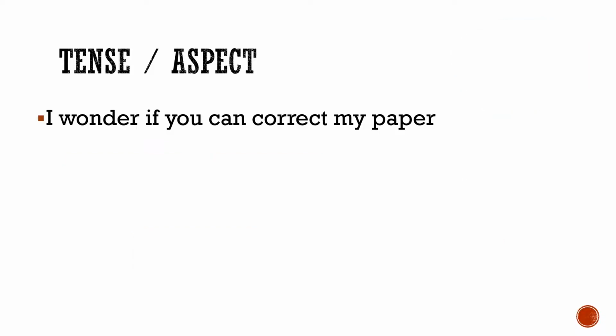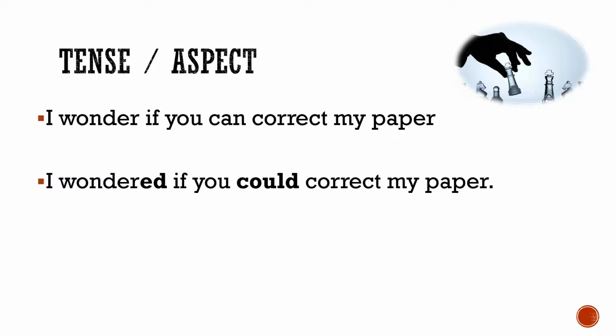Another way we can add more politeness to our sentence is to change the tense. Generally speaking, past tense is considered more polite than present tense. So for example, "I wonder if you can" is present tense.